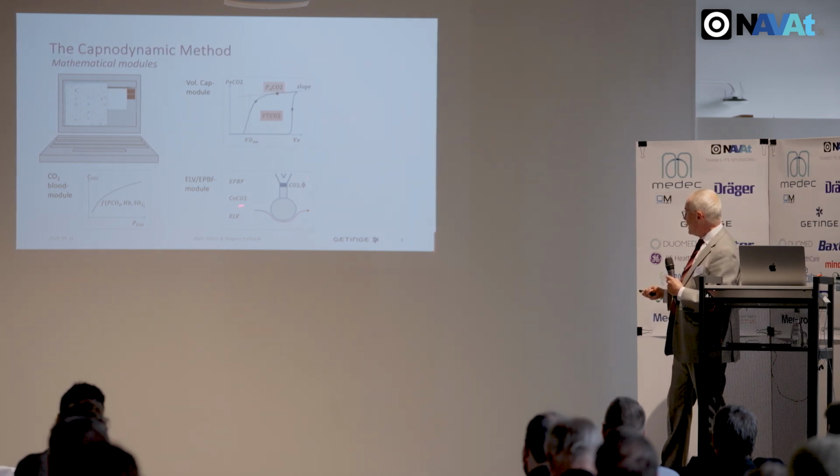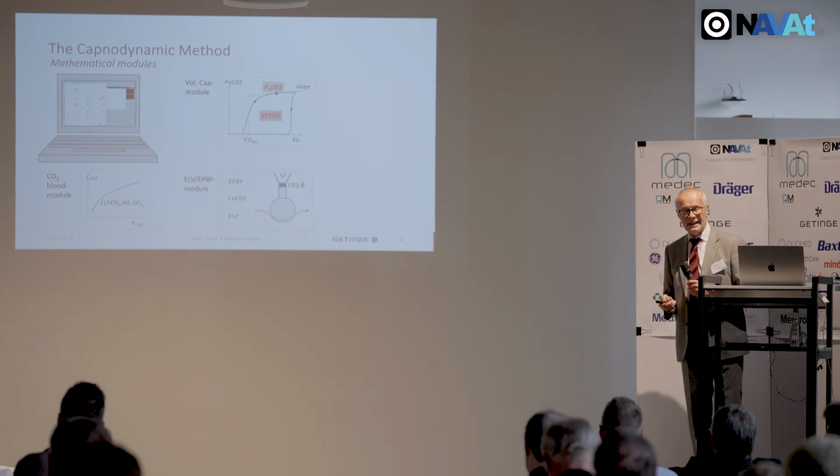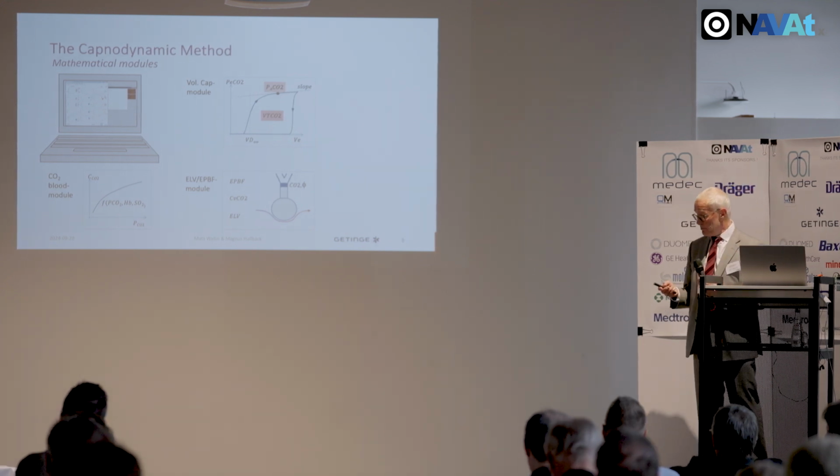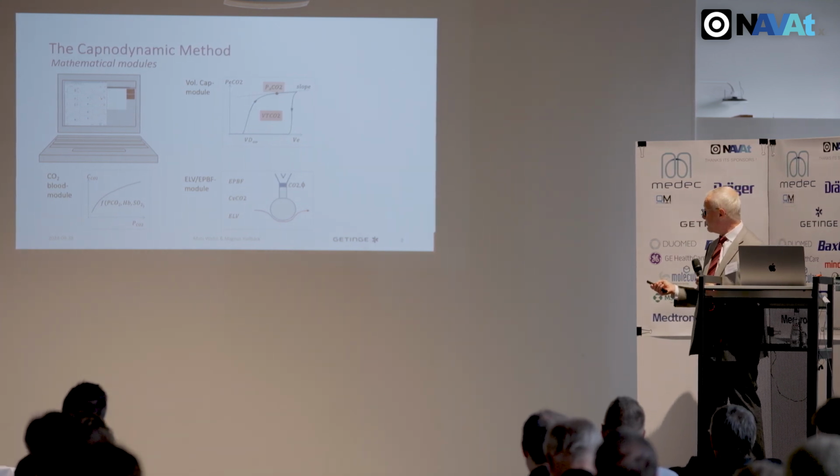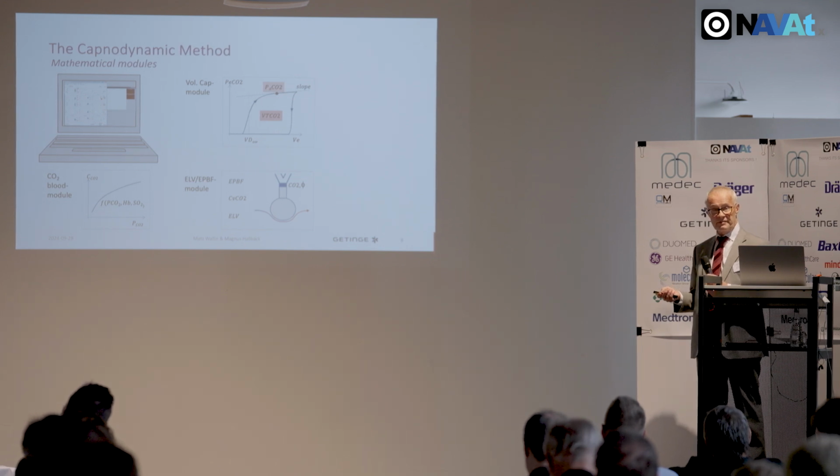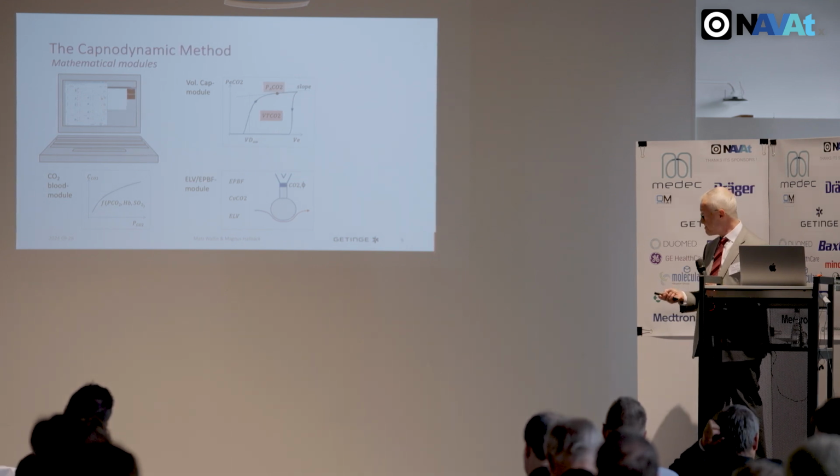So we have the lung volume, the content of CO2, and the pulmonary blood flow, which is the effective pulmonary blood flow, the part of the cardiac output that participates in gas exchange.